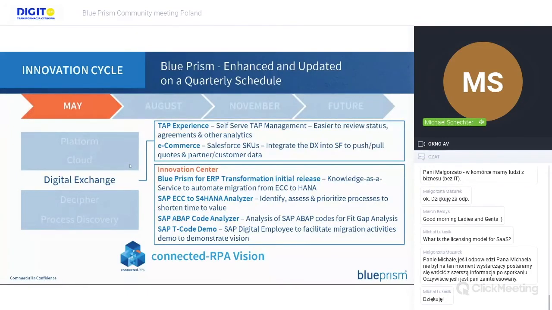And also, if you talk about innovation, our innovation center, that's the AI lab that we have had for more than 1 year now, developed our Decipher and is working on other topics as well. They are going to deliver all this SAP related stuff. I was talking before about these T codes for SAP, but it's also about an ABAP code analyzer and a helper for migration to S4HANA and so on and so forth.